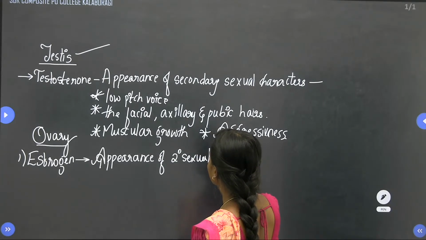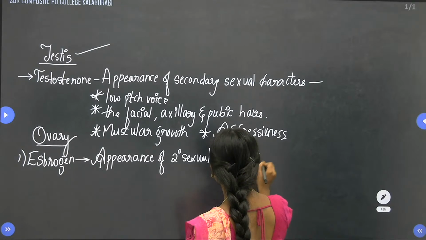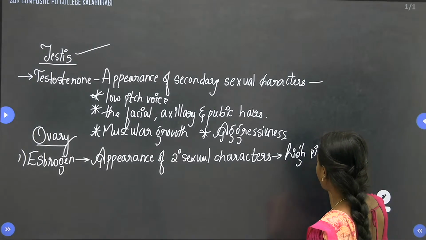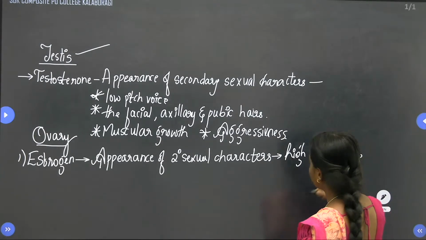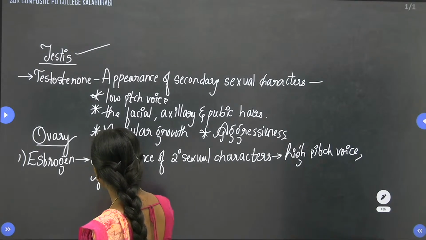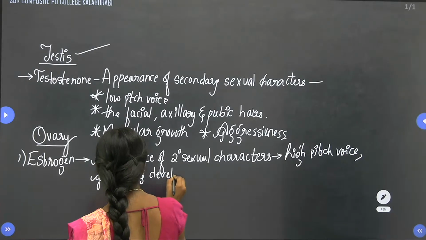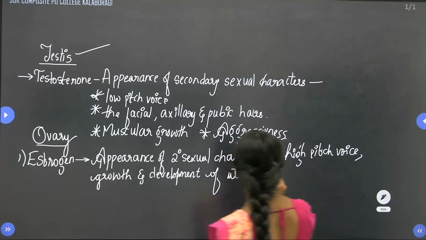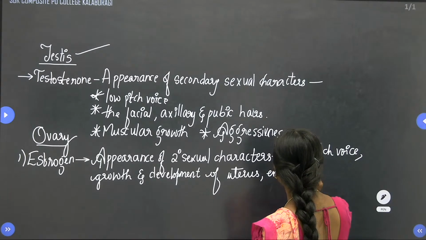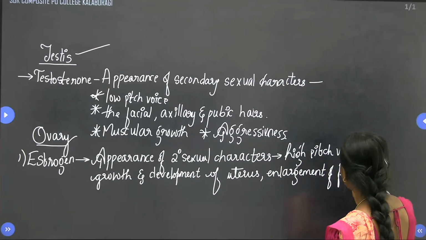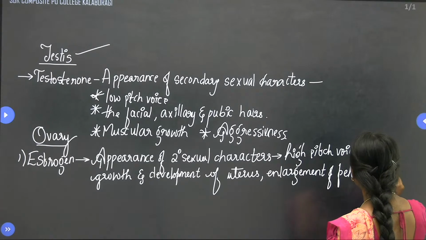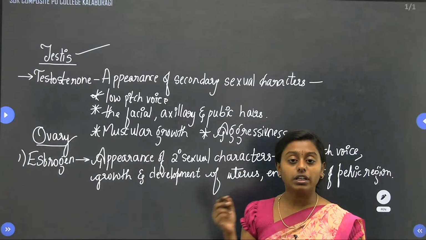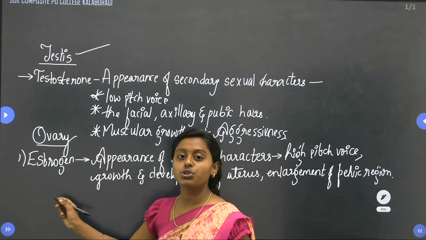These secondary sexual characters can be appearance of high pitch voice, growth and development of uterus, enlargement of pelvic region, etc. So these are the different characteristic features which are considered to be secondary sexual characters that are observed in case of female due to secretion of the estrogen hormone by the ovary.